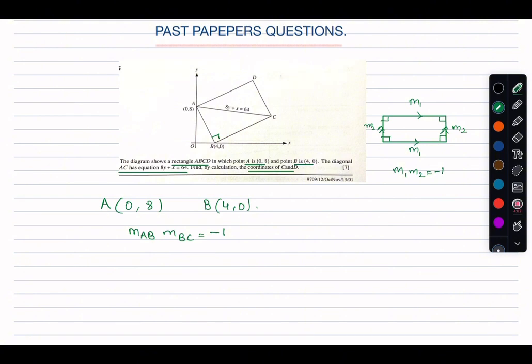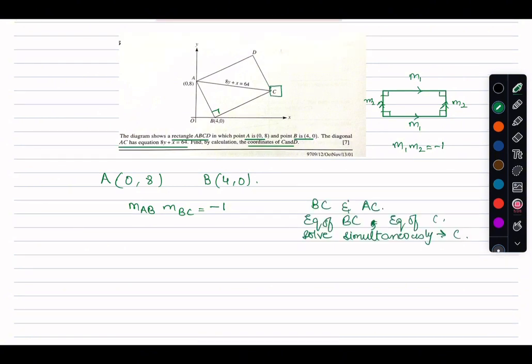The other thing that we can notice is that we have BC and we have AC, where C is the common point, so the equation of BC and the equation of AC can be solved simultaneously to get the coordinates of C. This is the mind mapping that we should be doing before starting the question.